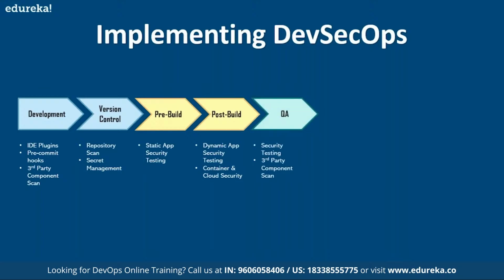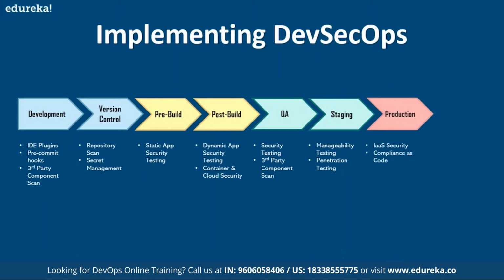Quality and QA. During QA, we will have a look at security testing. Third-party component scan shall be conducted again. Staging. At the staging stage, we'll have a look at manageability testing and penetration testing. Production.